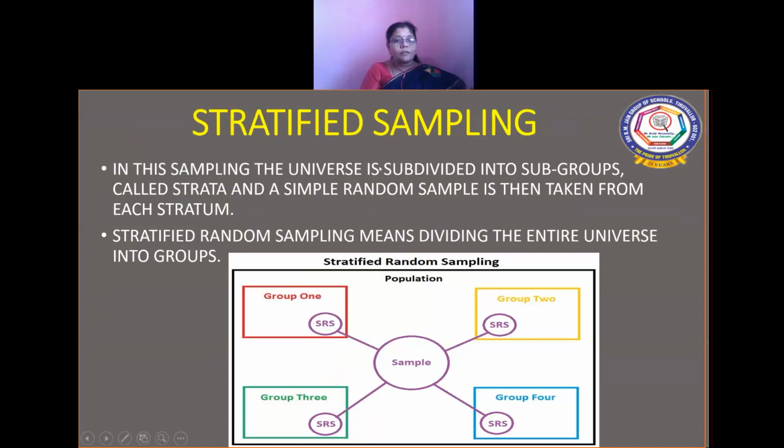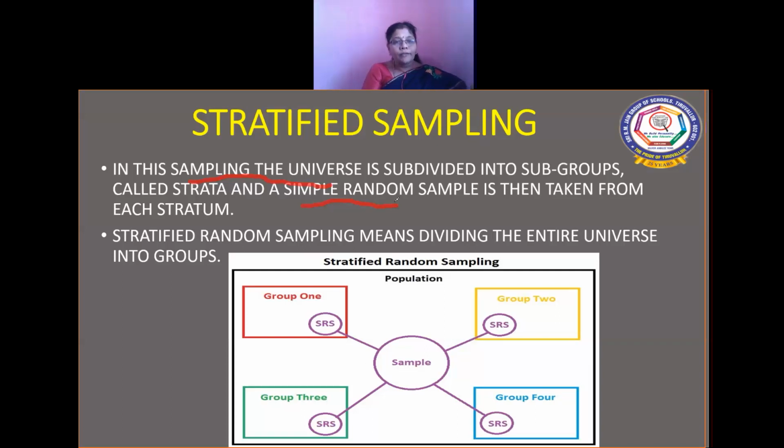In this sampling, the universe is subdivided into subgroups called strata. The meaning of the word strata is groups. So in this method, we subdivide the universe into groups, and a simple random sample is then taken from each stratum, that is, from each group.